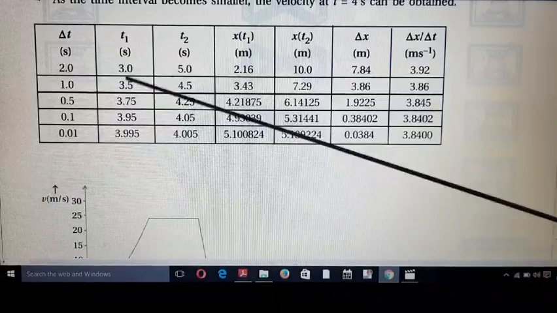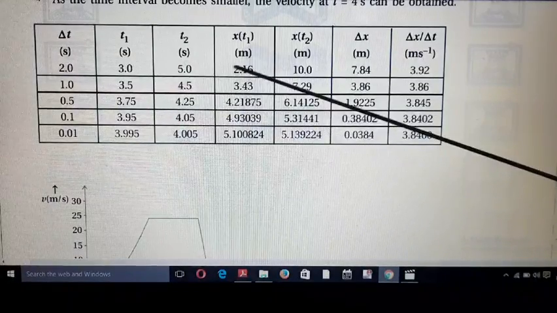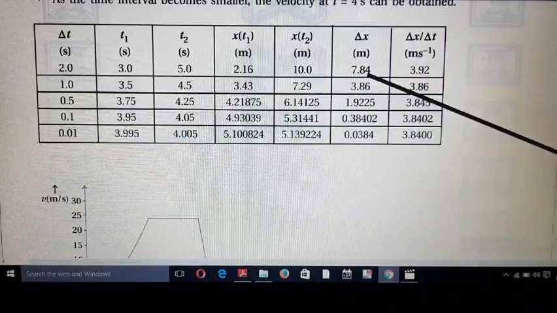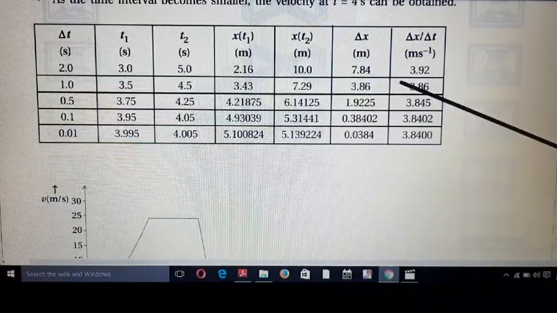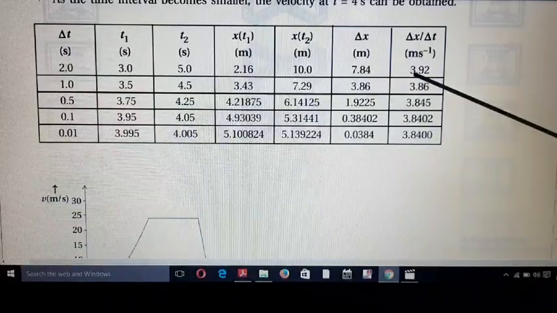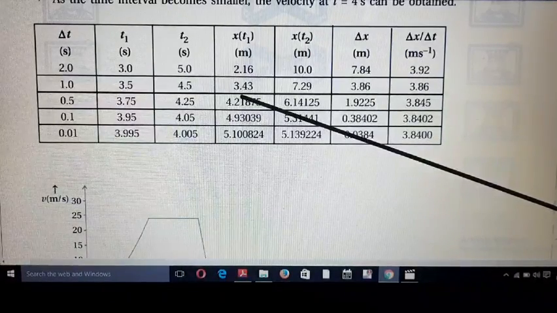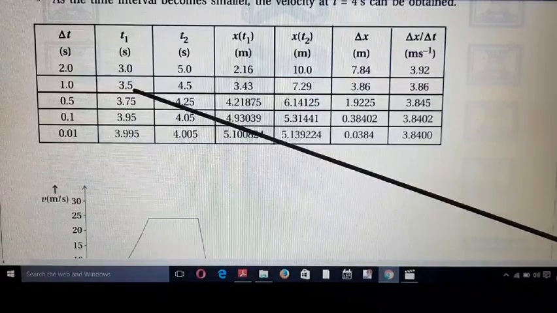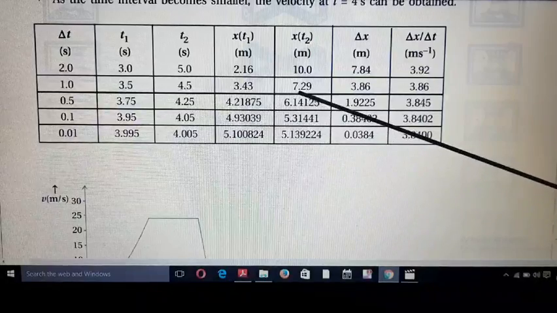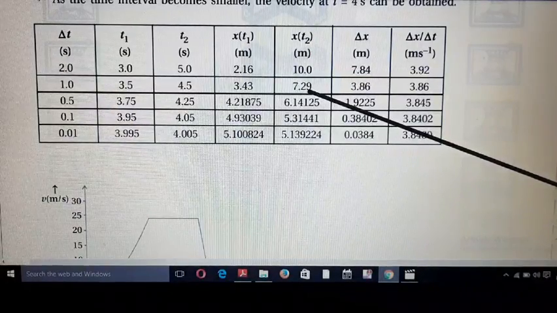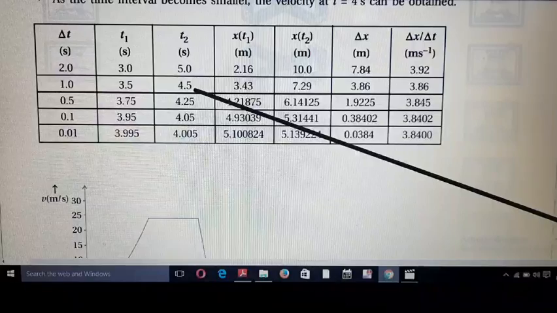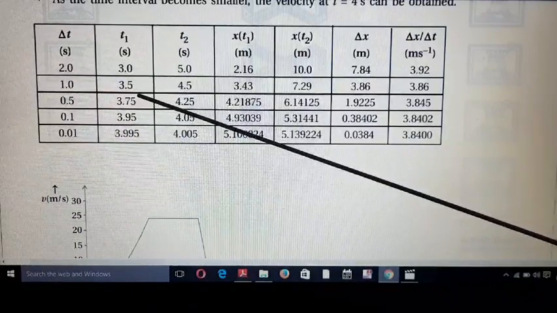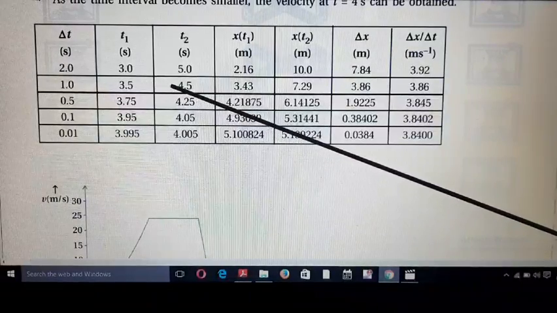Here 5 minus 3 means the difference in time is equal to 2 seconds. So 7.84 divided by 2 gives the answer 3.92. In the same way, when the distance is 3.43 at time 3.5 seconds and the distance is 7.29 meter at time 4.5, we can find delta t is equal to 1, because 4.5 minus 3.5 is 1.